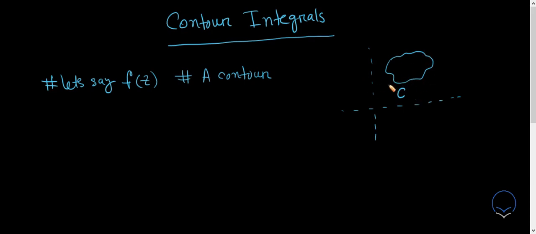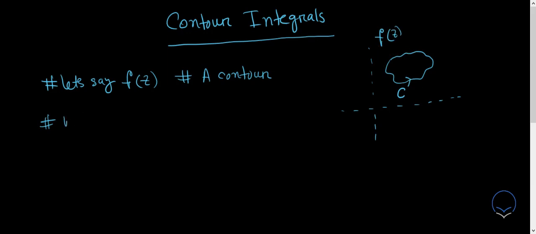And let's say you have this function f of z on this complex plane, and now what you want to do is evaluate the following quantity, and this quantity will be known as the contour integral.